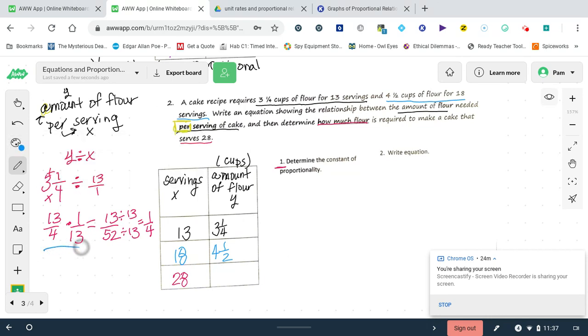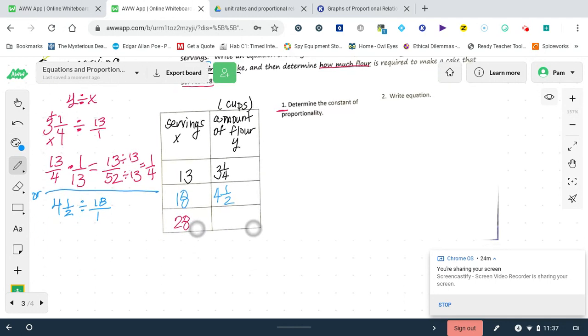All right, so now I could do 3 1/4 divided by 13, but you could have also gone with, and it's up to you which one you pick, 4 1/2 divided by 18. I'm going to put 18 over 1. It doesn't matter which one since we're assuming it's proportional, since I didn't ask you to show proportionality. But I'm just showing you that you could have picked either one. 9/2 times 1 over 18.